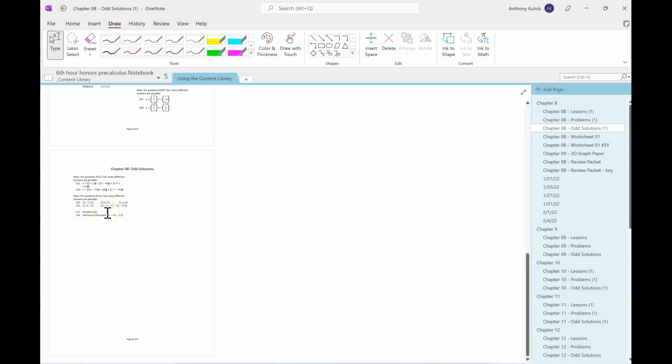But 117, I think, is the answer for 119, and 119, I think, is the answer for 121. Oh, it's that there's two 115s. That's the issue. So that's all it is. There's just two 115s and it screwed up all the numbering.